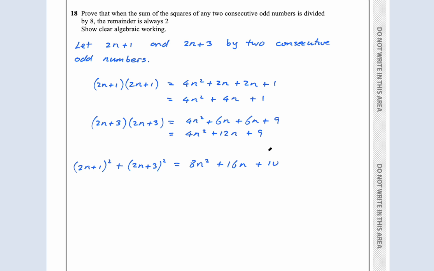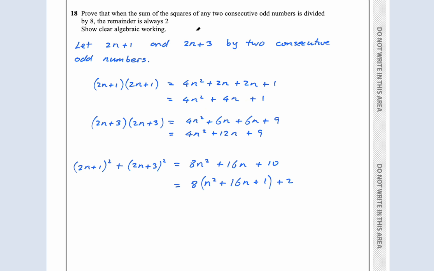Okay, now I can actually see the answer, guys, because when I divide this by 8, what I'm going to get is, well, this is equal to 8 times n squared plus 16n plus 1 plus 2. Now, let me just explain what I've done there, guys.